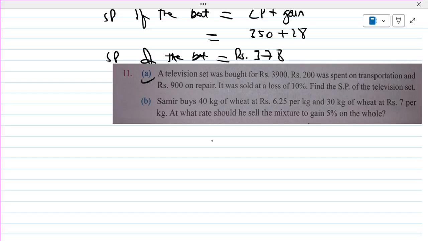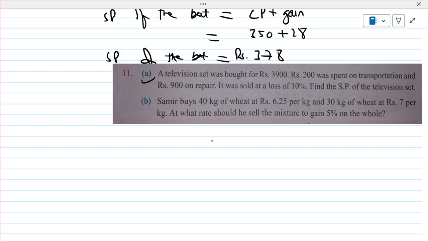The other expenditures incurred while doing transportation and making repairs will all be added to the original cost to find the total cost of the goods. Here the seller has purchased one television set.